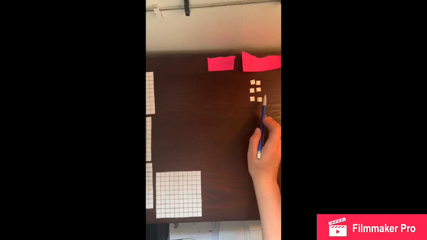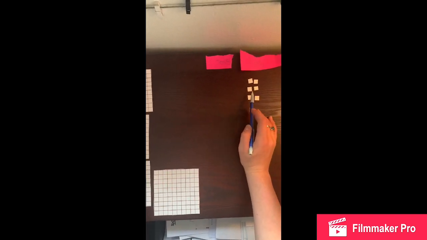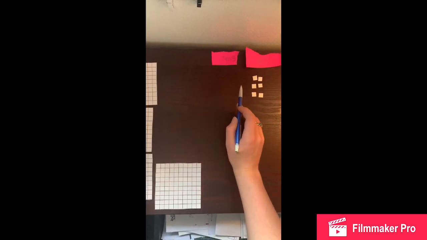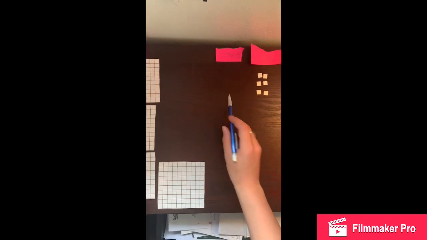So I have 1, 2, 3, 4, 5, 6 1s. I move over to the 10s column, and I don't have any 10s. And remember, our 10 strips look like this. So I don't have any 10 strips here.